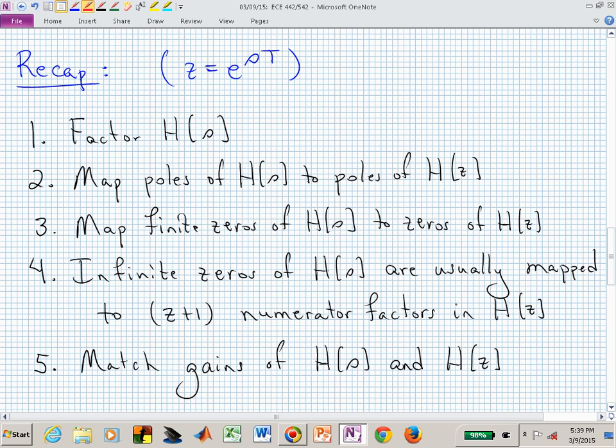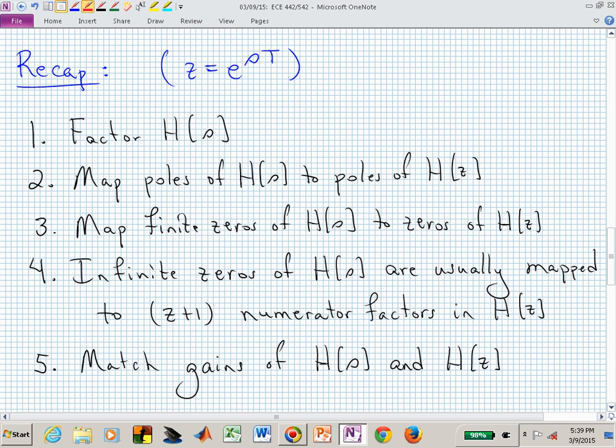And now you could show me symbols, couldn't you? You could say 0 is s and 1 is z. You want to map DC if it's low pass in behavior. You're looking at matching the low frequency. If it's a high pass behavior, then you might be looking at s going to infinity for H(s) and z going to -1.